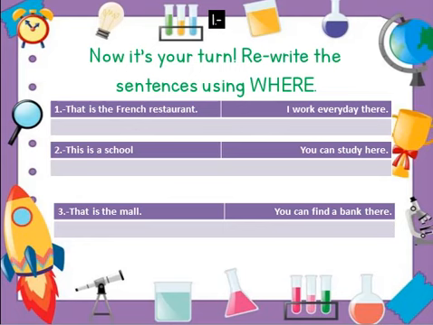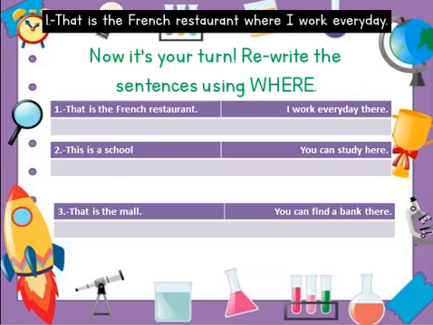Very good. So let's check the answers. For the number 1, this is the French restaurant. I work every day there. The answer is, that is the French restaurant where I work every day. Okay, remember, there refers to the restaurant, so we don't repeat it.